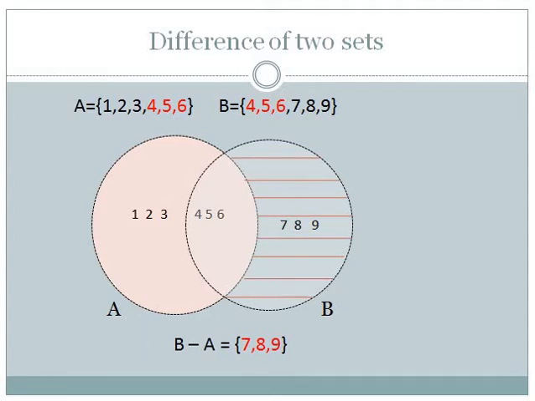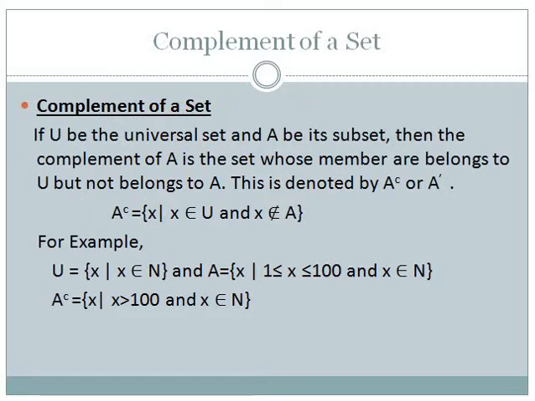Now the next topic is complement of a set. If U is the universal set and A is its subset, then the complement of A is the set whose members belong to U but do not belong to A. This is denoted by A complement or A dash.